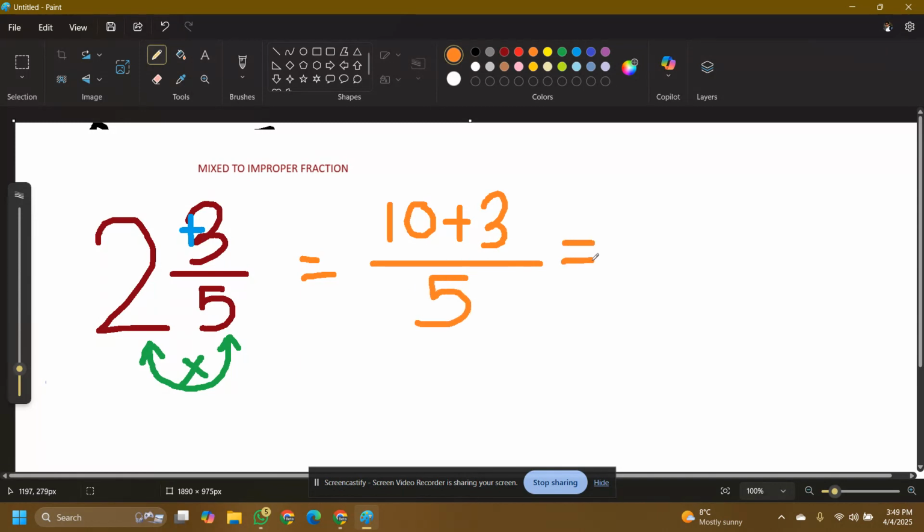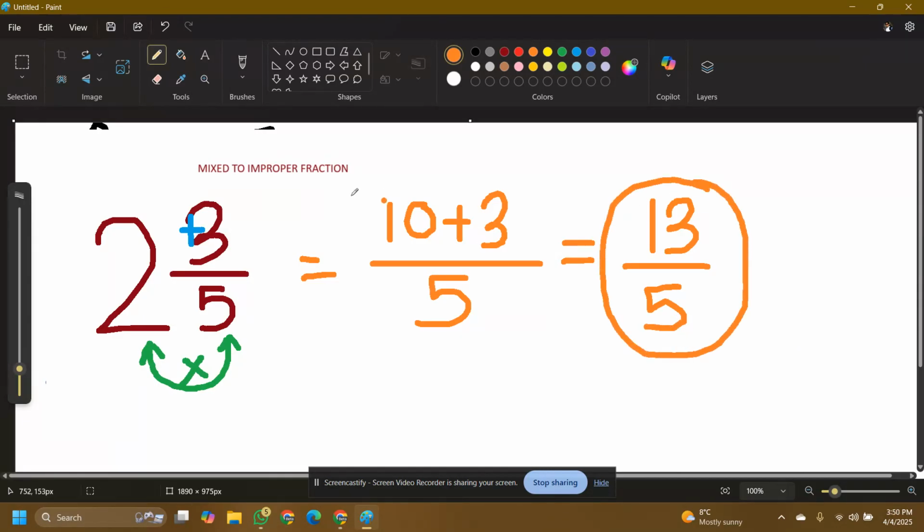So the improper fraction would be 13 over 5. That is our final answer, changing a mixed fraction to an improper fraction. First we multiply 2 with the 5, which gives us a 10. In your mind you can calculate 10 plus 3 is equal to 13. So you can put that as 13 over 5. As you can see from the improper fraction, the numerator, which is 13, is greater than the denominator. So this is the improper fraction.